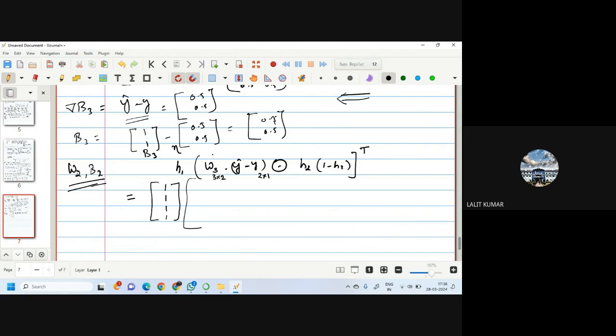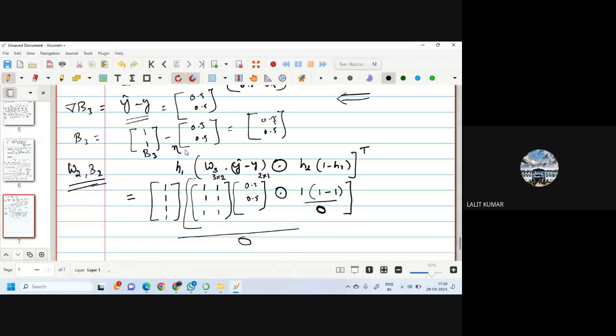W3 is all ones, and this is 0.5. H2 also was 1. So this entire term becomes 0, and when this becomes 0, all of this becomes 0.